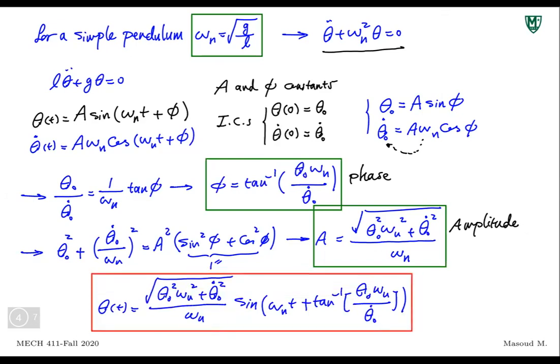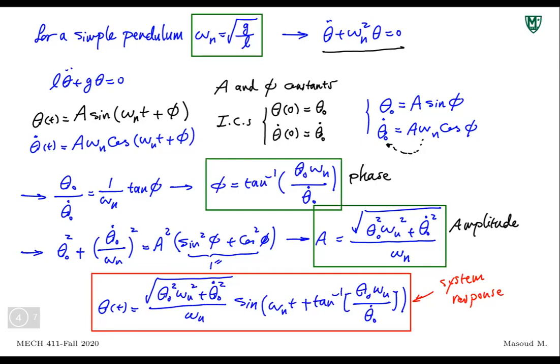What do we mean by system response? It means how does that vibrating system, in this case a pendulum, respond to a given set of initial conditions, to a given initial displacement and initial velocity. How does that respond?